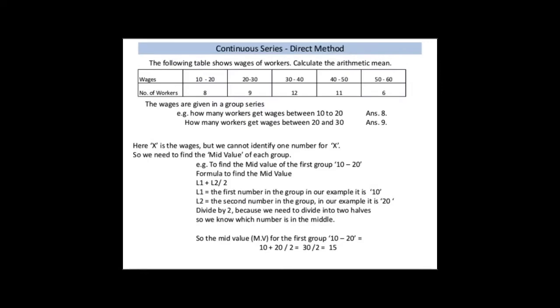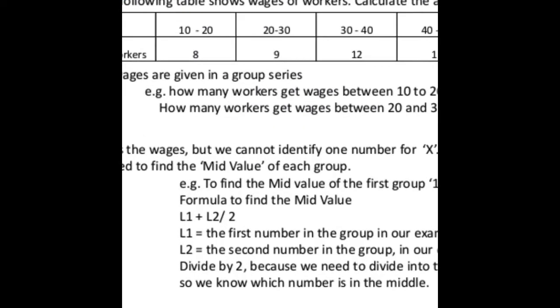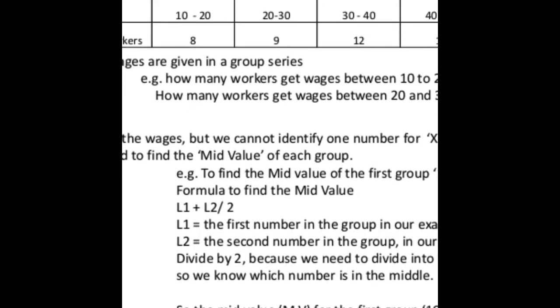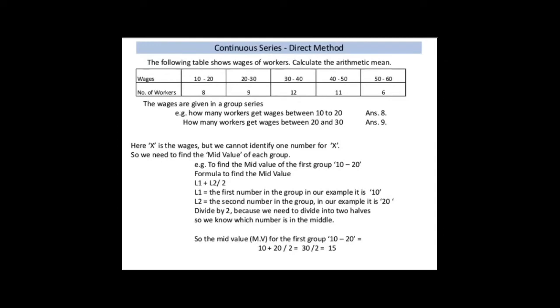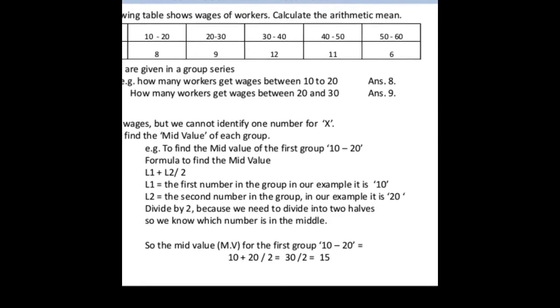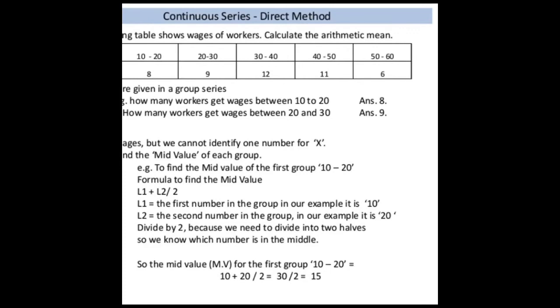In the first class, the lower limit is 10 and the upper limit is 20. So 10 plus 20 divided by 2 is 30 divided by 2, that is 15. In the second class, it is 20 plus 30 divided by 2, that is 50 divided by 2, equal to 25, and so on. So the first thing that we are going to do is find the mid values of these classes.